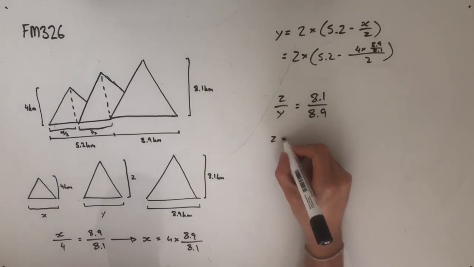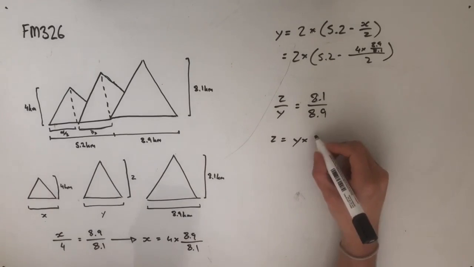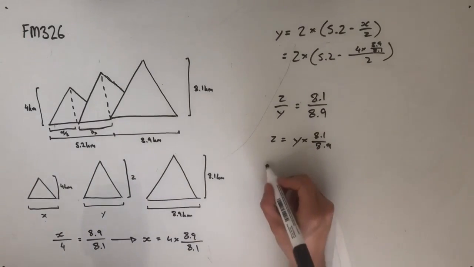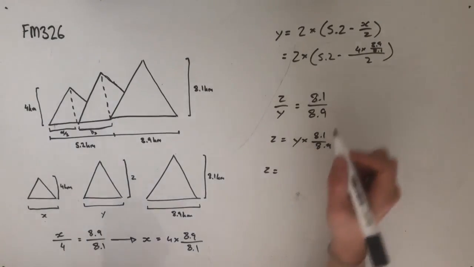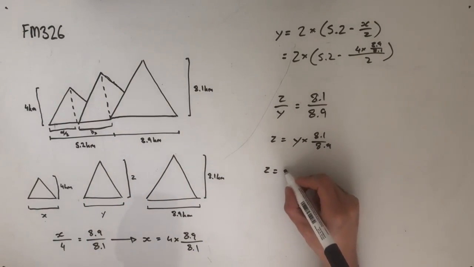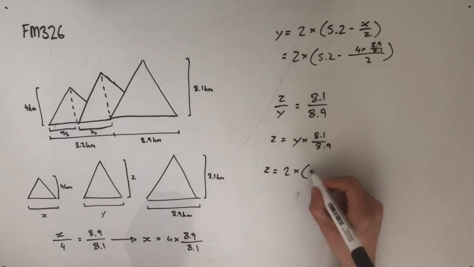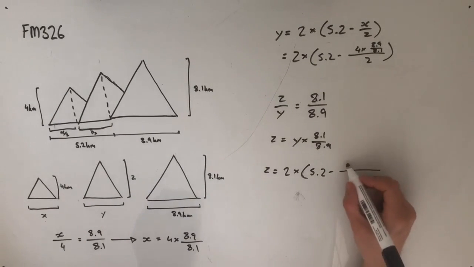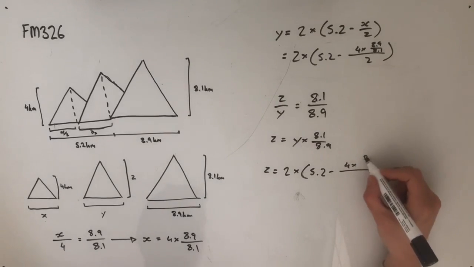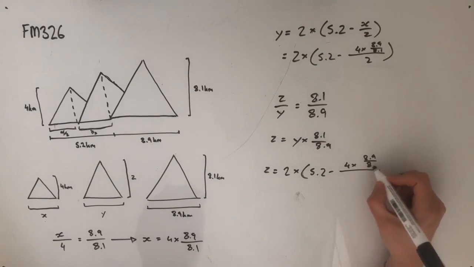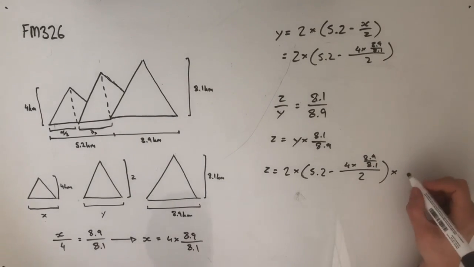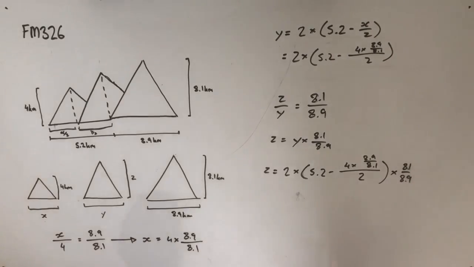Rearranging for Z, we get Z is equal to Y times 8.1 over 8.9. Then inserting our value of Y, we get Z is equal to 2 times (5.2 minus 4 times 8.9 over 8.1 all over 2) times 8.1 over 8.9.